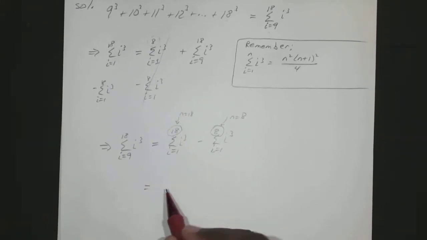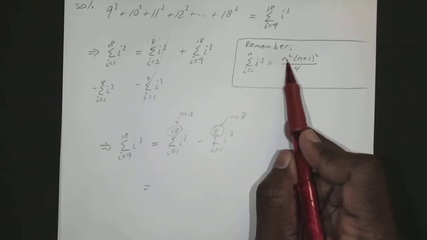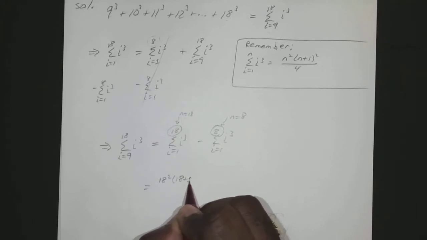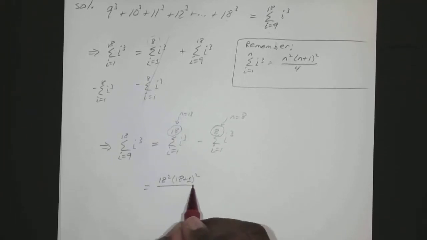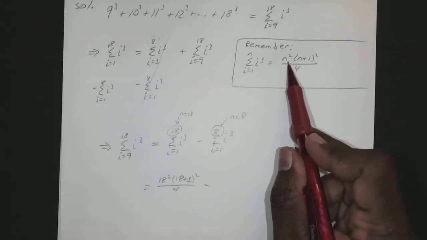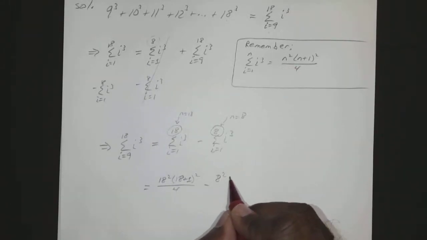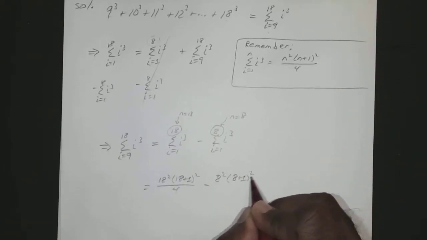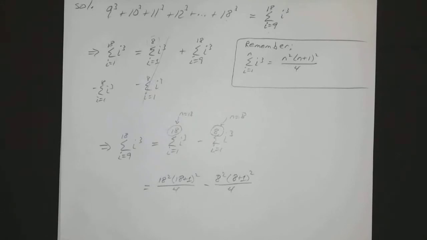So that means this is going to equal 18 squared times 18 plus 1 squared divided by 4 minus 8 squared times 8 plus 1 squared divided by 4.